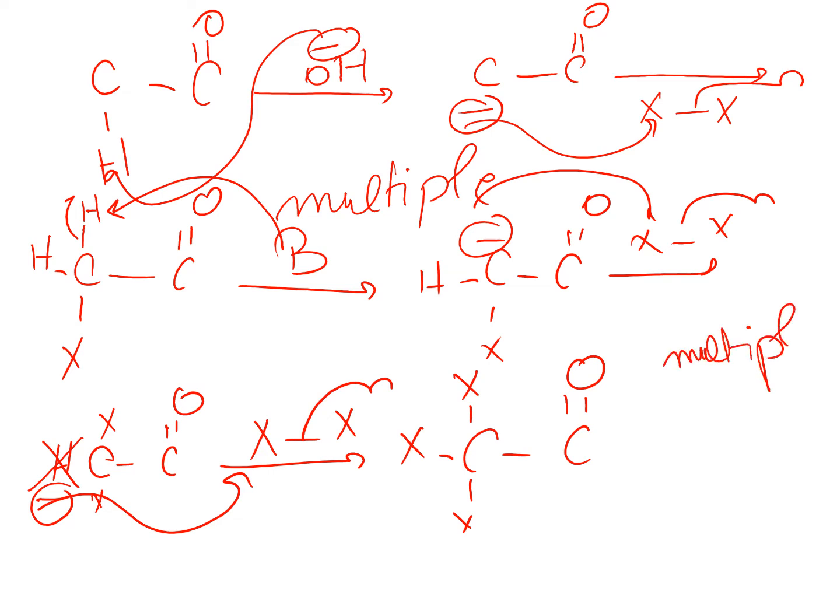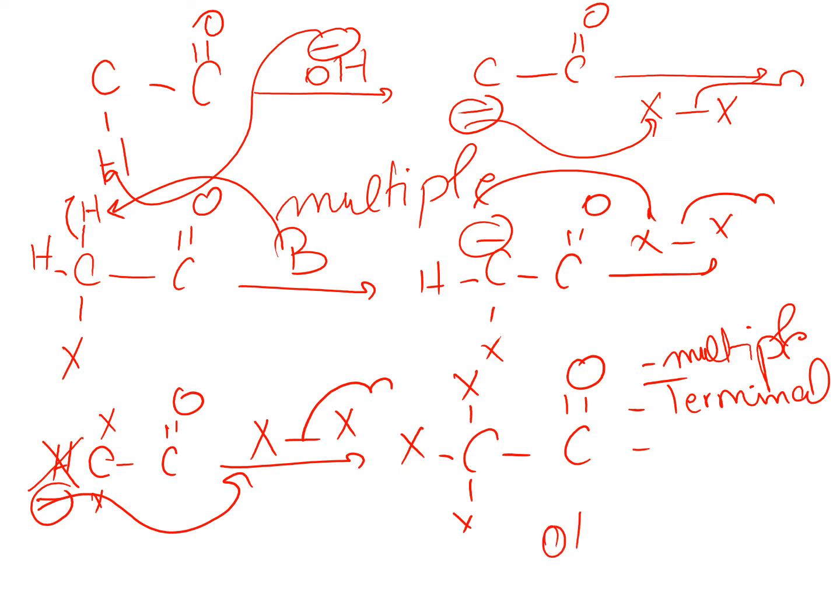The second character is that it's a terminal halogenation. It prefers to halogenate a terminal carbon rather than a non-terminal carbon. And the final product is not even this product.